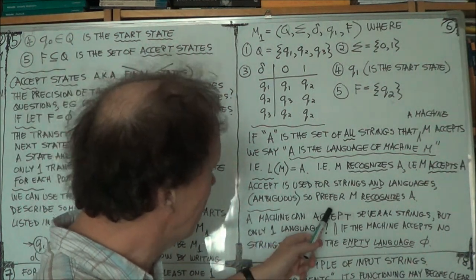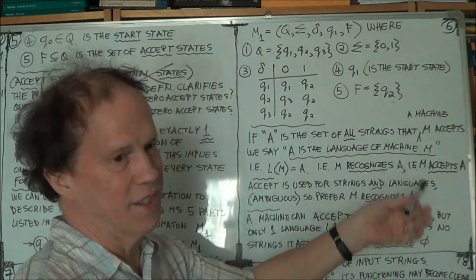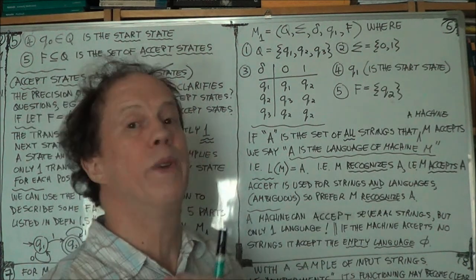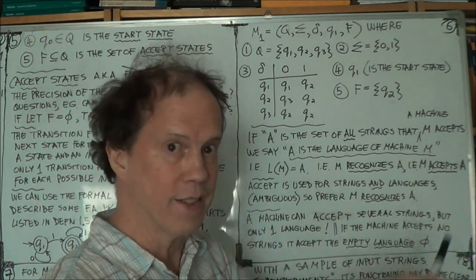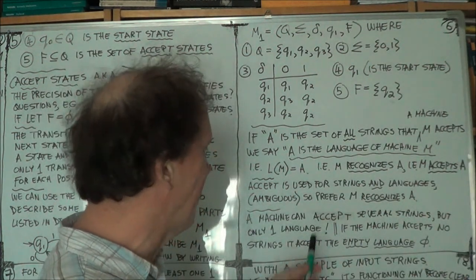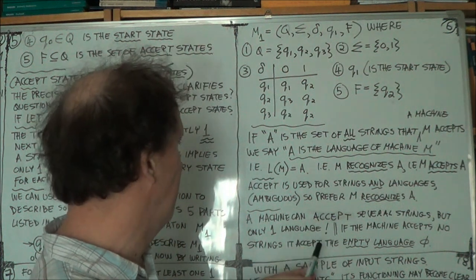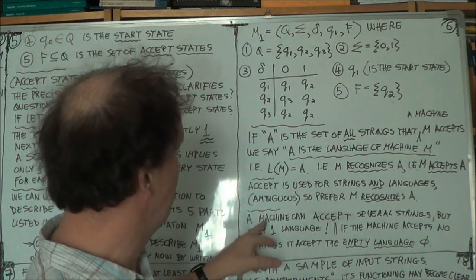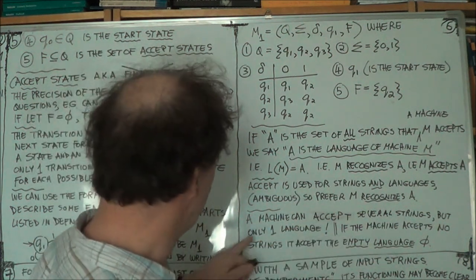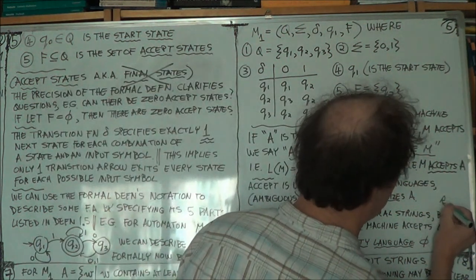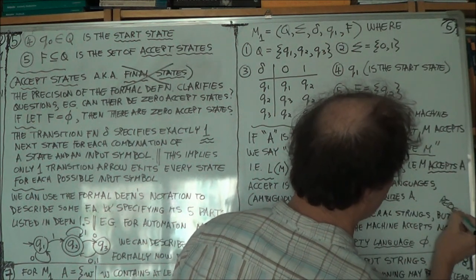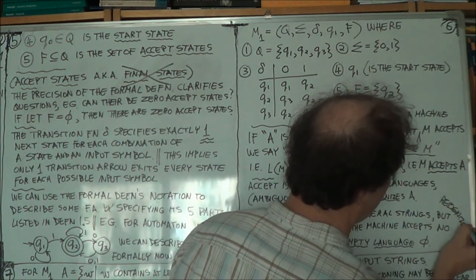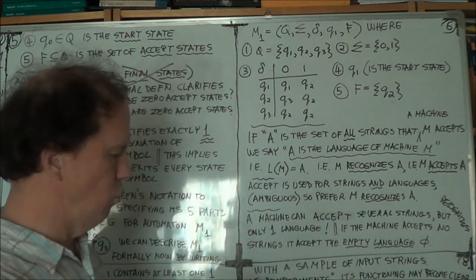So now a machine can accept several strings, right? It doesn't have to be just one, a whole bunch of them. It could be an infinite number of strings that the machine accepts. So a machine can accept several strings, but recognizes only one language.